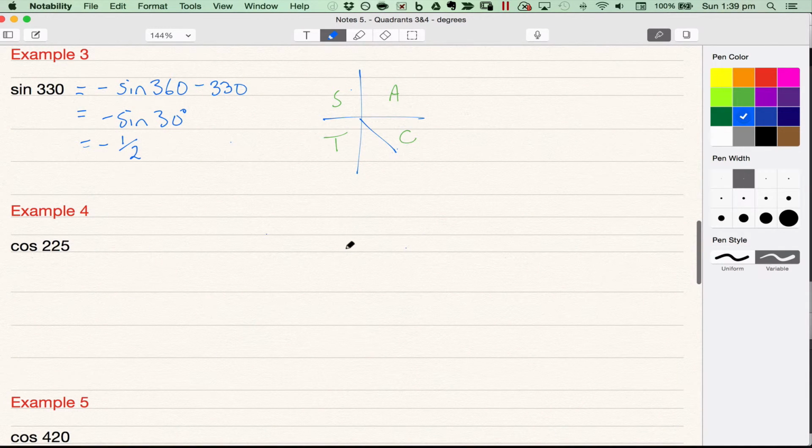Example 4, cos of 225. This one is in quadrant 3. So we're going to use theta minus this angle, minus 180.